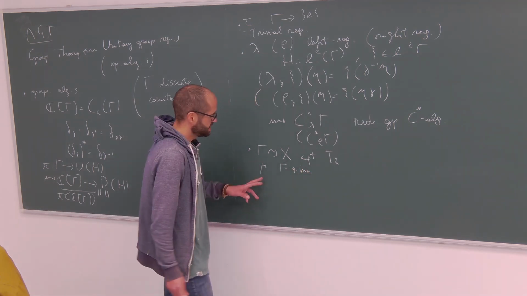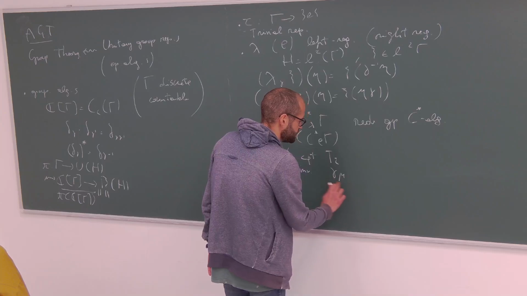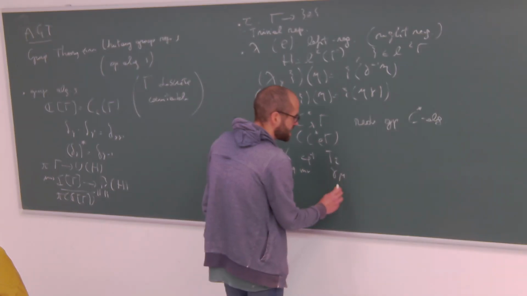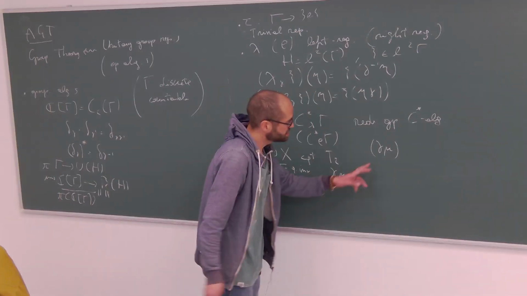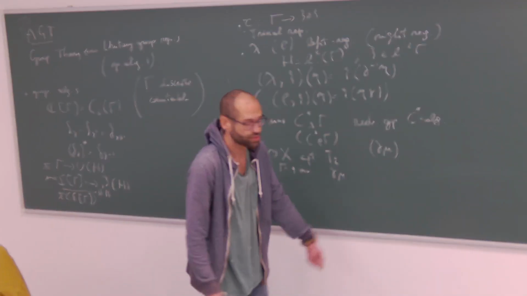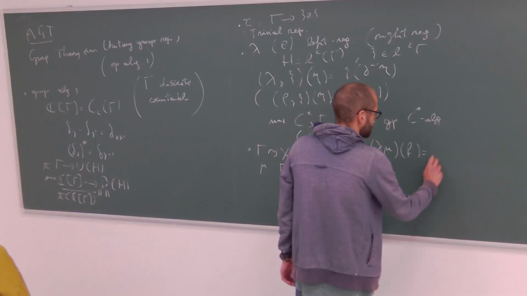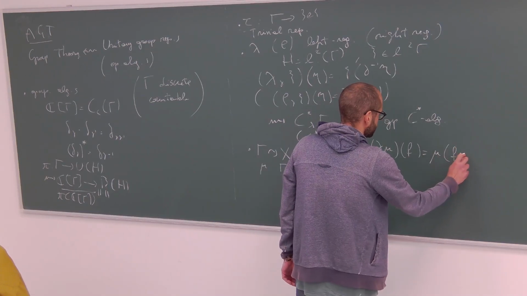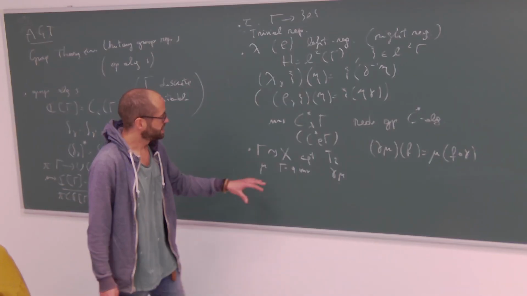Quasi-invariant means that if I translate this measure by an element gamma, where the translate is the following. In order to understand what it is, I evaluate on continuous functions, and this is just the integral of this function composed with gamma. So this is the notion of translated measure.